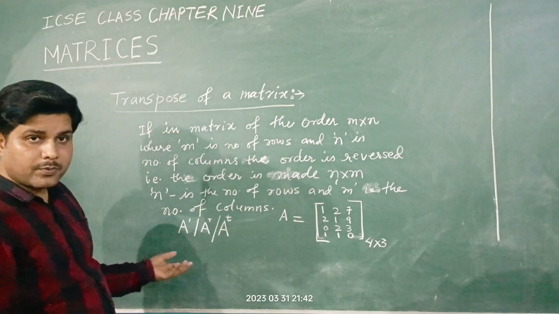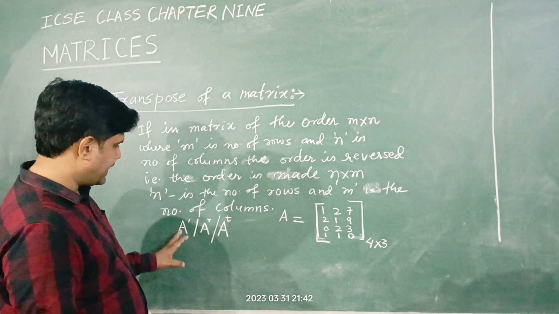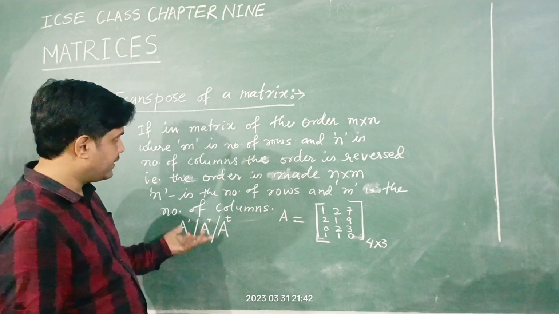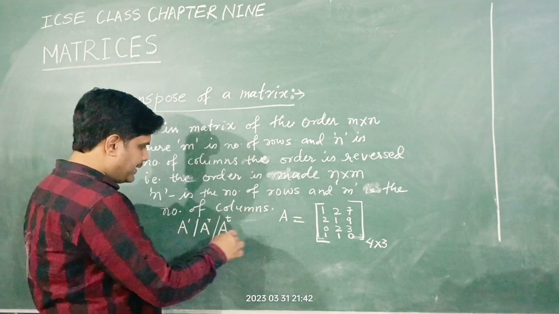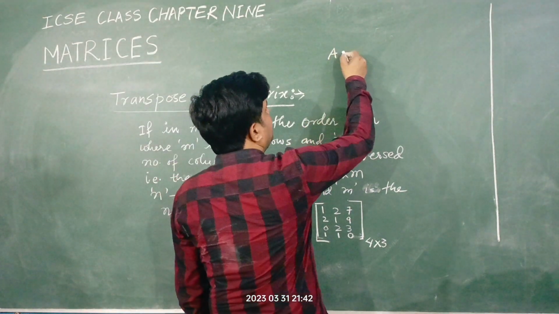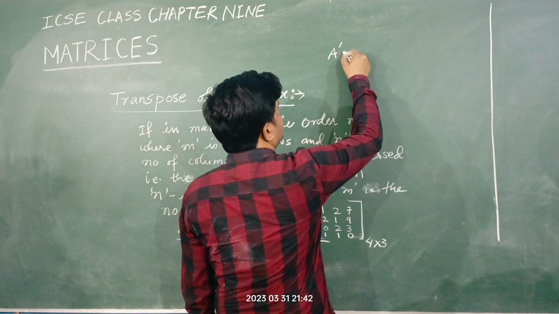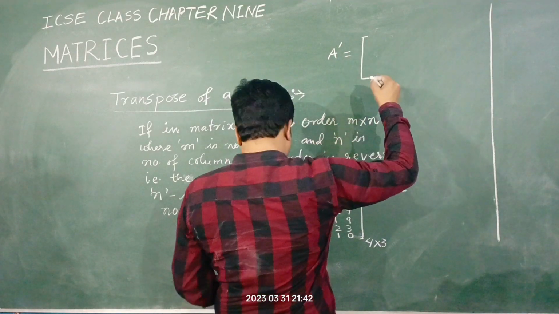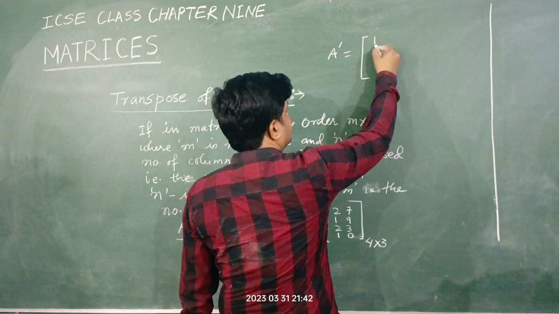It is up to the book you're following or referring to, but A dash is a standard notation. You can use any of the three. So what will be A transpose? I'm writing it here. You can clearly see A transpose is the transpose of the matrix. I'll write it once more.